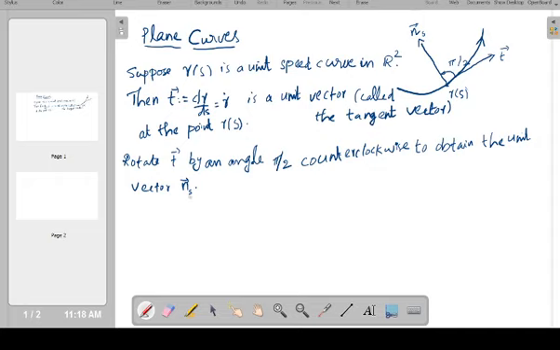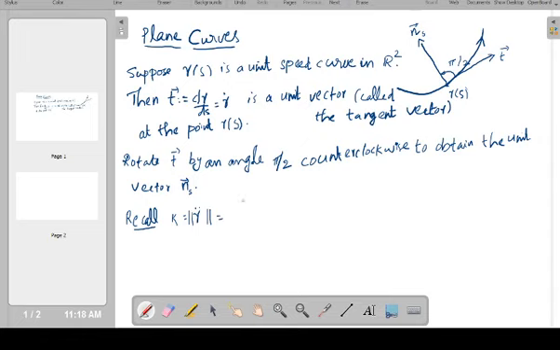So why am I doing this? Because I want to look at the curvature. Recall, what is curvature? Curvature is defined as the norm of gamma double dot. But what is gamma double dot?